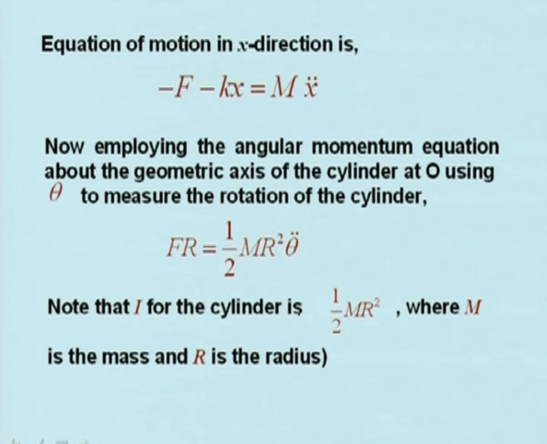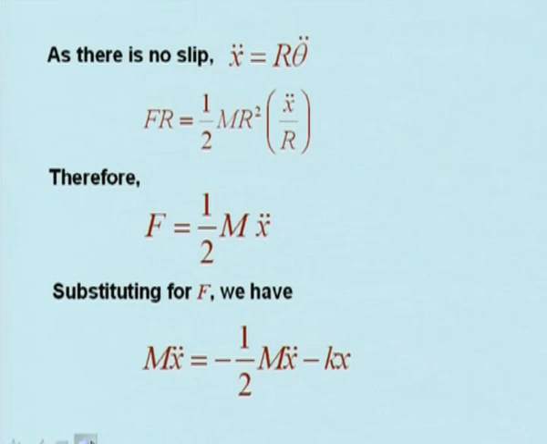Otherwise, if it is a hollow cylinder, then it can be m r square. I for the cylinder is half m r square, where m is the mass and r is the radius. Now, as there is no slip, we can write x double dot is equal to r theta double dot.